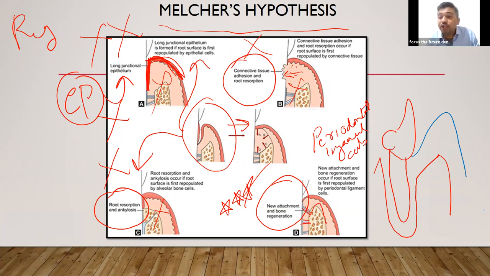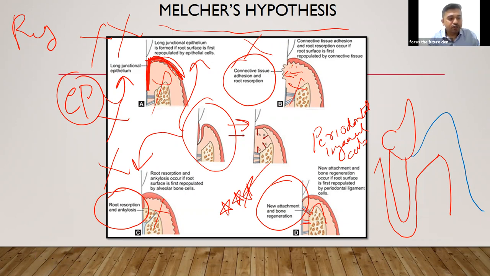Now if you want regeneration to occur, the only way for the periodontal ligament cells to come there is by blocking the epithelium and your gingival connective tissue, because these two grow very fast and occupy the wound. That is your body's normal natural response: the epithelium grows into any wound site and covers it. That is why we are using GTR.